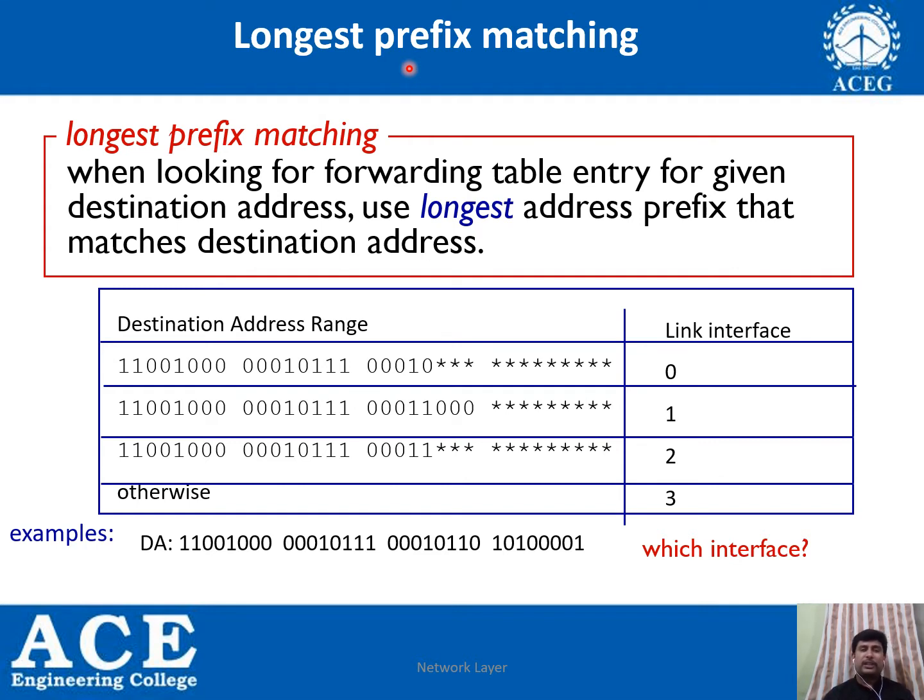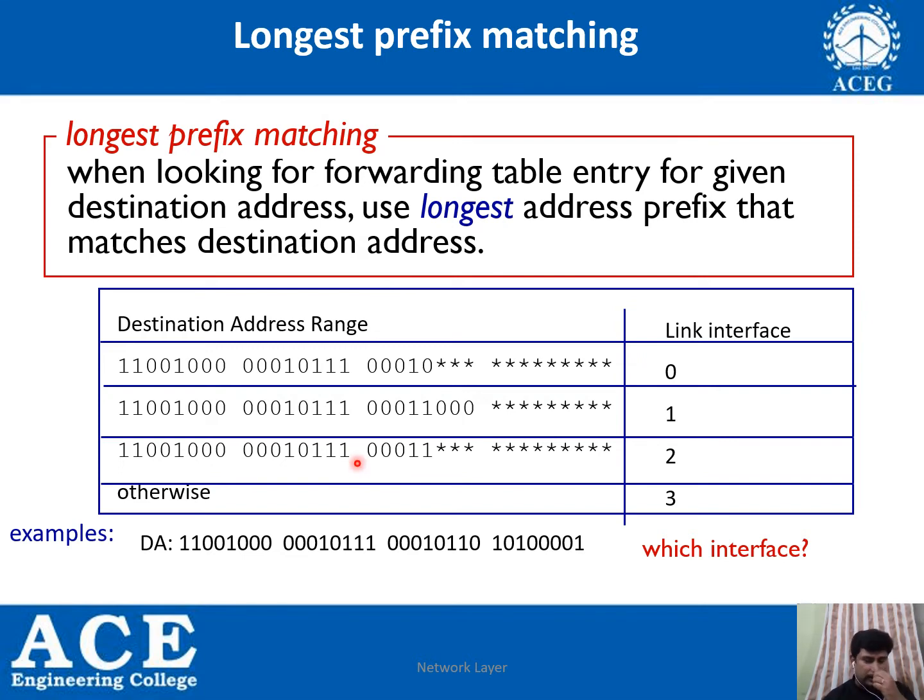Once I have received a 32-bit IP address, when looking for a forwarding table entry for a given 32-bit IP address, I'm going to use longest address prefix match. That will be matching the destination address. So what do you mean by this? Out of 32 bits, which particular address range has the maximum bits matching.